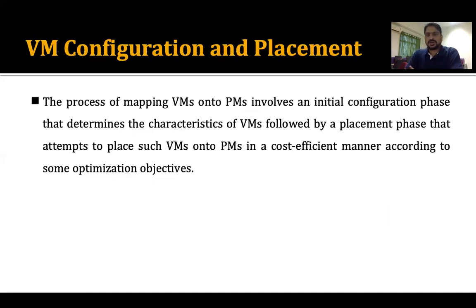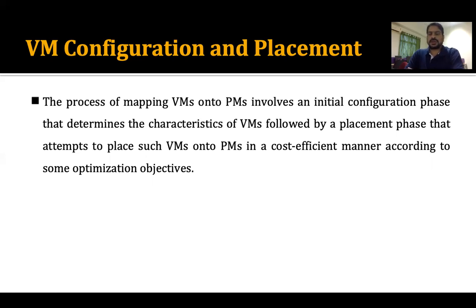So, the virtual machine configuration and placement. The process of mapping a virtual machine into a physical machine involves the initial configuration phase that determines the characteristics of the virtual machine, followed by a placement phase that attempts to place such a virtual machine into a physical machine in a cost efficient manner according to some optimization objectives.